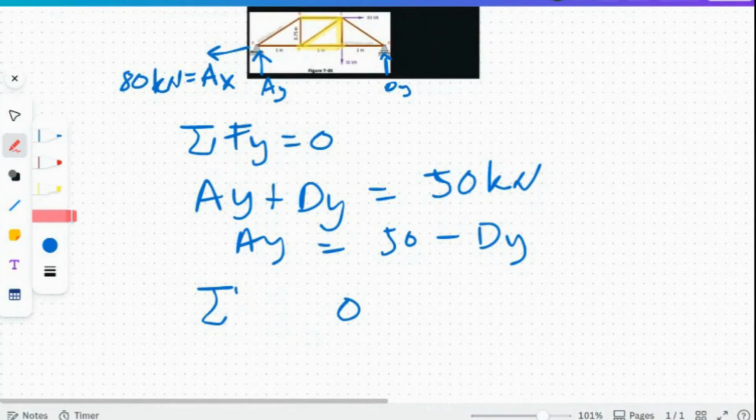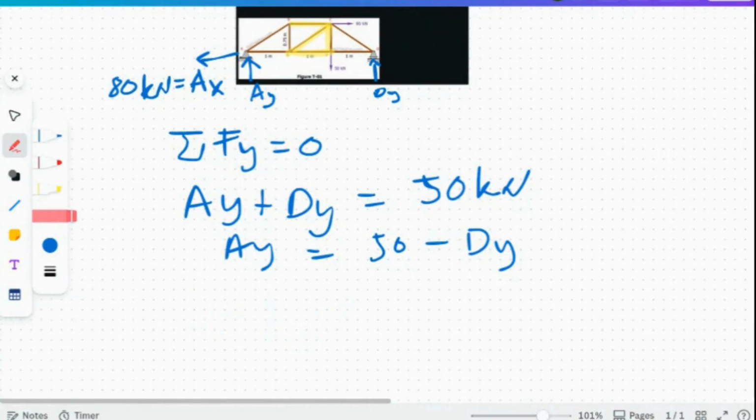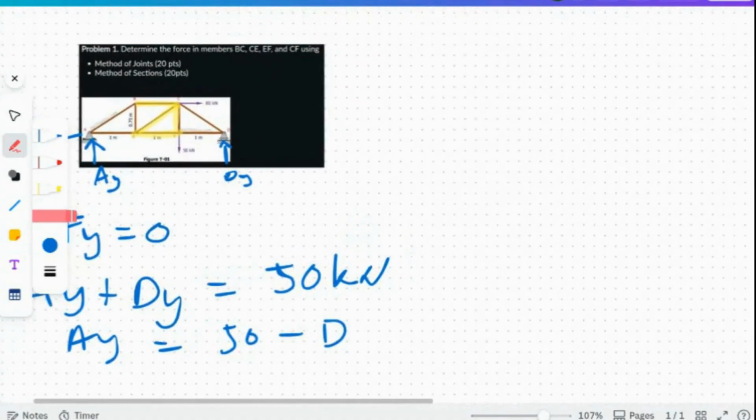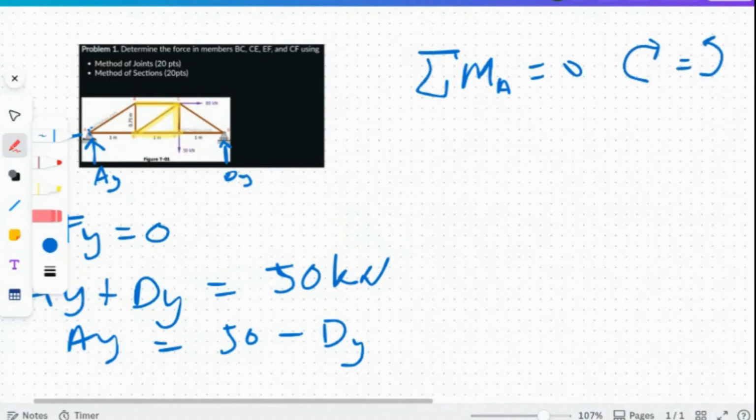Now, how do you go about that? Summation of moments at A equal to 0. You look at all the forces that make the whole structure rotate, either clockwise or counterclockwise.